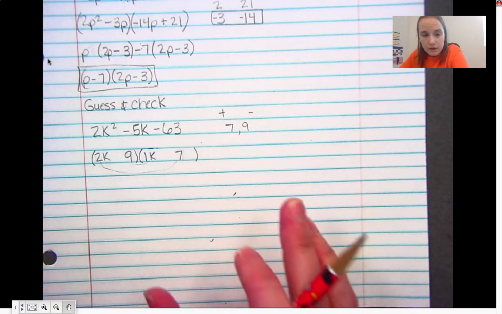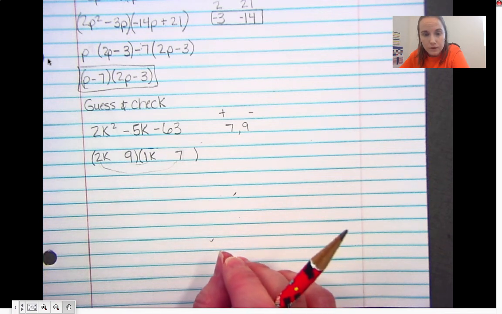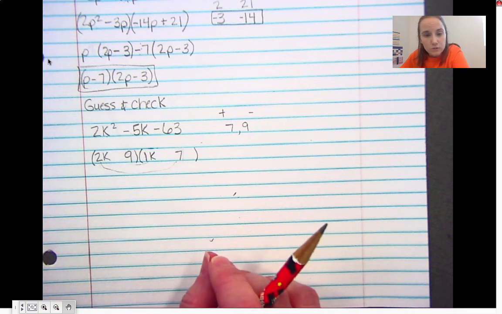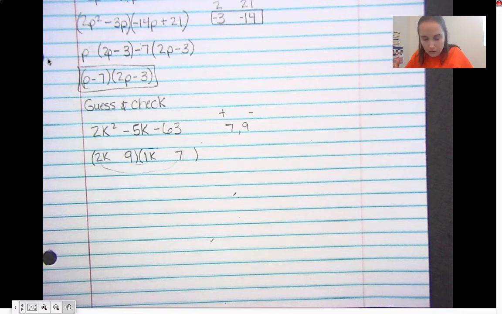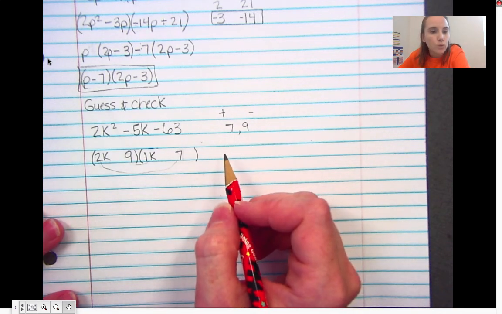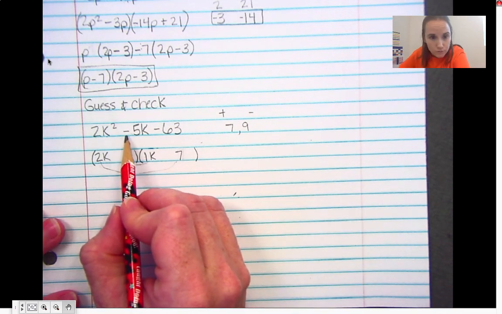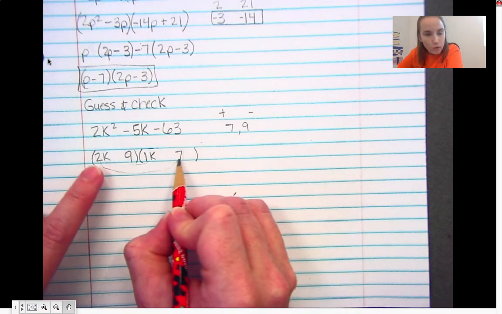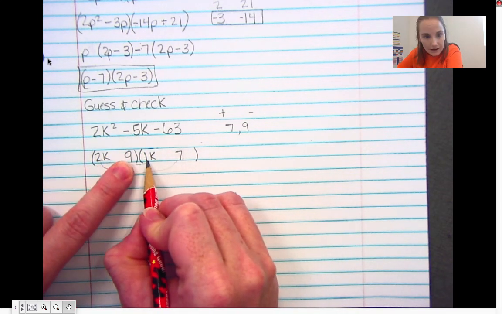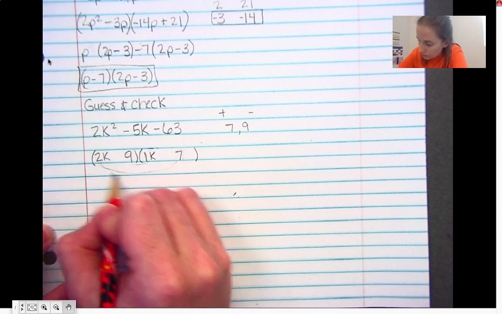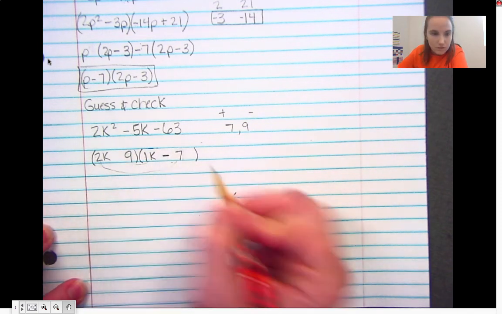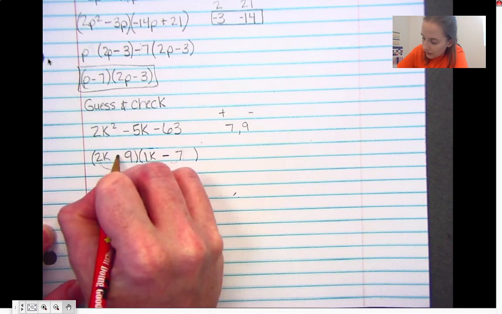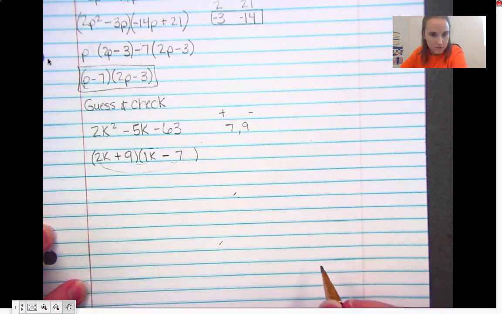Now, you need to be careful with your signs. The highest absolute value is the one that you want to give the negative to because you want to generate a negative answer. So we have 14 and we have 9, so we need the 14 part to give us a negative, and then the 9 needs to be positive.